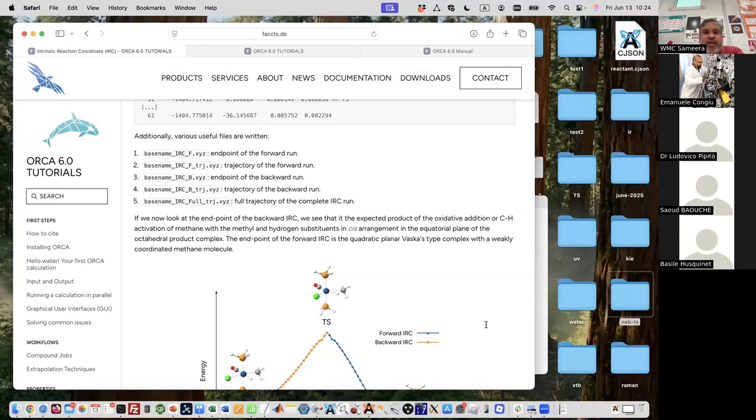So this is a very good question. Is it better to increase the number of steps for IRC to reach the product and reactant, or choose a smaller number of steps and then optimize each? Okay, so it's better if you can increase the number of steps in your IRC calculation.